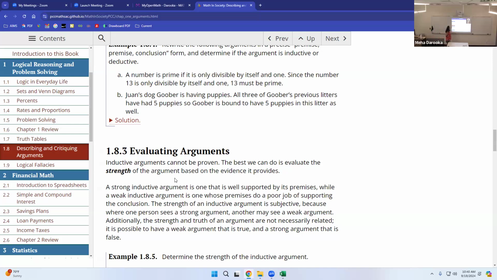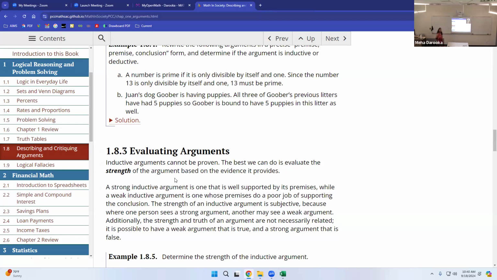What do you think is the conclusion here? Goober is going to have 5 puppies in this litter.